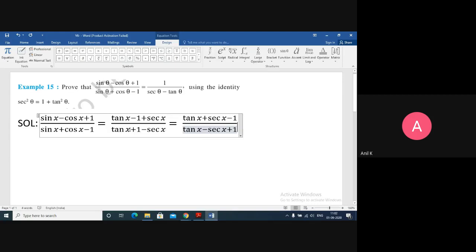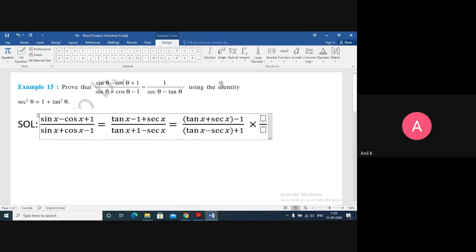Okay, I just rearranged the terms, and what we do further is I'll keep this tan x plus sec x as one term in the bracket. By putting the bracket, I hope there is no issue. Also, we will maintain the bracket. Now, what I do here is I go for the rationalization. I think everybody remembers the class 9th rationalization chapter.